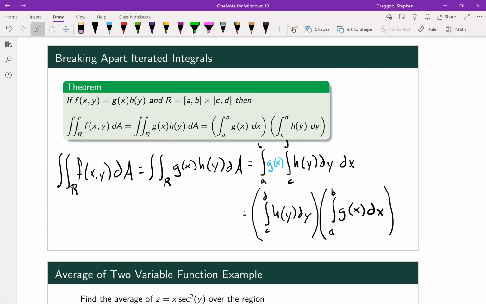into a multiplication of two single integrals, just like we did back in Calc 1. So instead of having to actually take an iterated integral, I could take two separate standard integrals and then multiply them together. And again, the important part here is that we have a separable function f, and it must be separable over multiplication and not over addition.